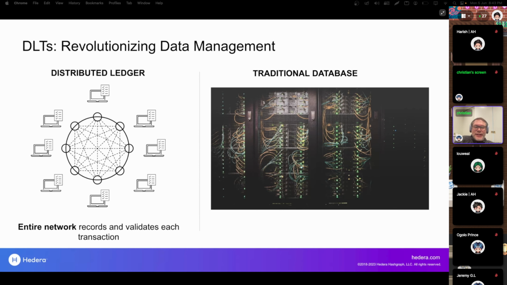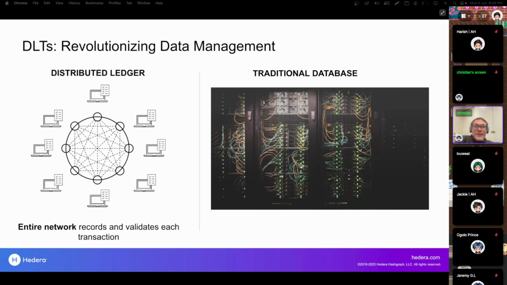It differs from a traditional database. So a traditional database is centralized and siloed, and usually only one party has permission to update it. So you don't know if that data has been manipulated or not. If you think about something being in a black box and you can't see it, you can't audit it, you can't take a look at it for yourself, then you have to trust this single centralized entity.